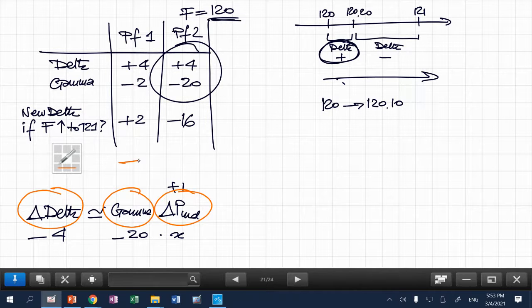Because if gamma is negative, it means that if the price goes up, you become less bullish or more bearish, which is not what you want if the market is going up, okay? And vice versa if the market is going down. The market is going down, you are gamma negative, you become more bullish, the least thing you would like. Is that okay?